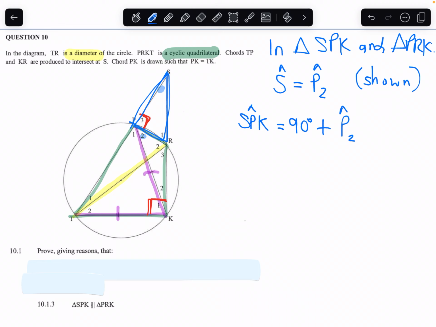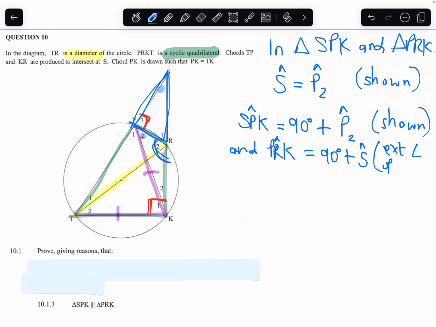The 90 we already showed in the beginning, so we're just going to say shown. And angle PRK, this guy over here, is equal to 90 degrees plus S, and that's because it is an exterior angle to triangle SPR.